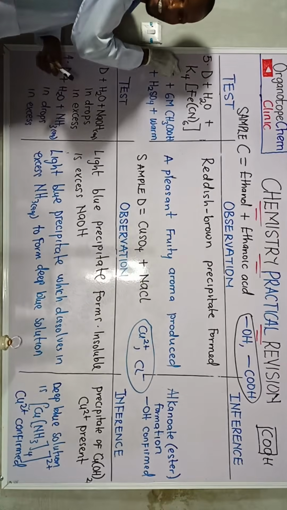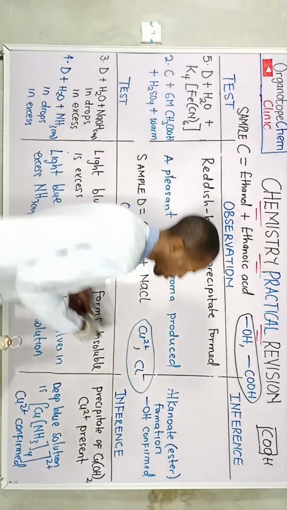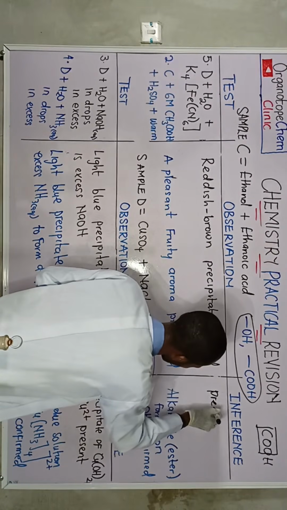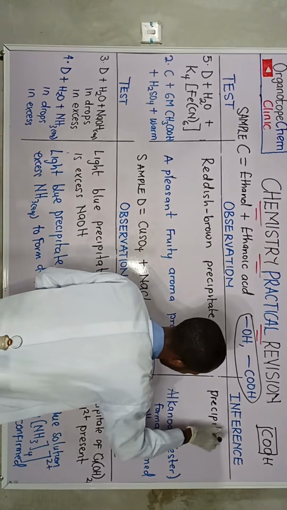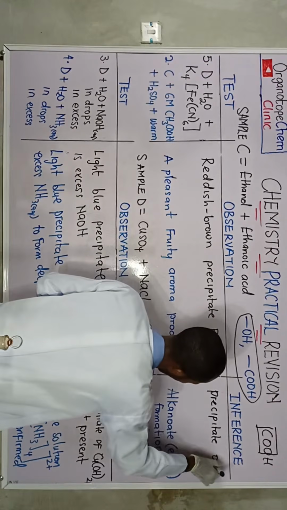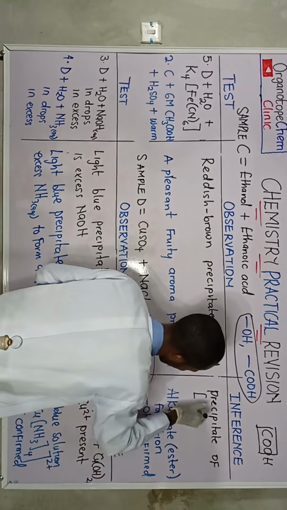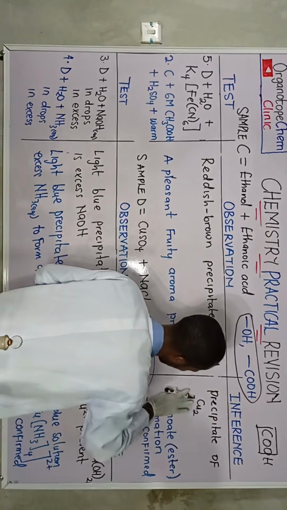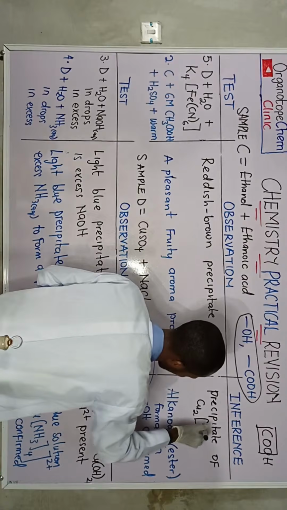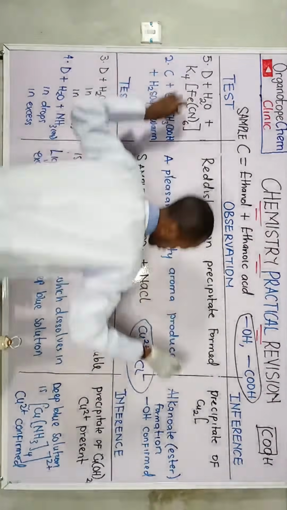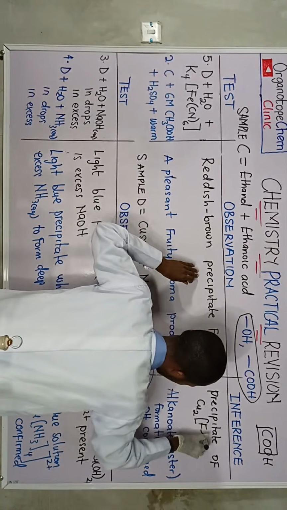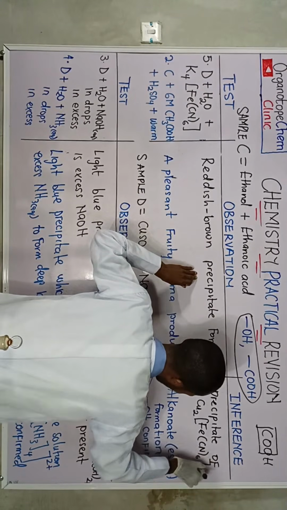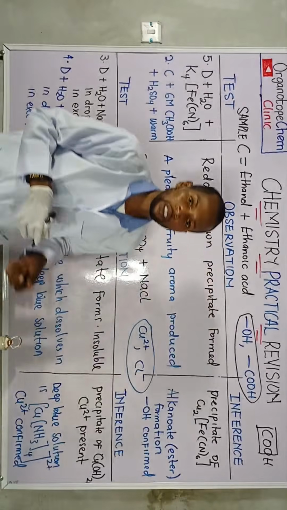So make sure you master this. So we are going to have a precipitate of Cu2, then you copy what we are having here, Fe(CN)6. So that is the precipitate formed.